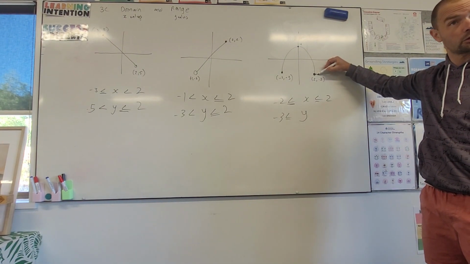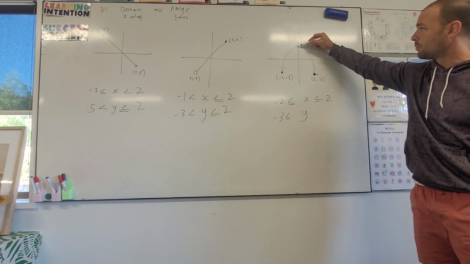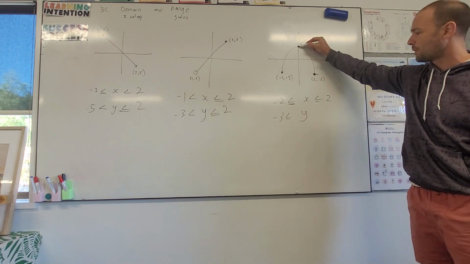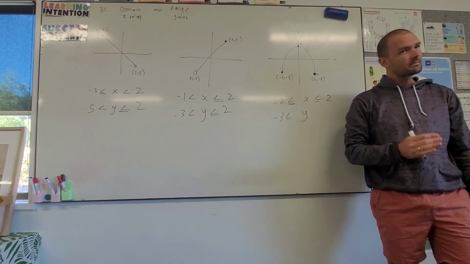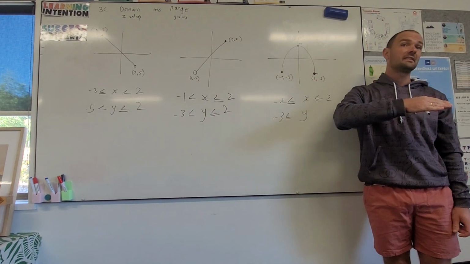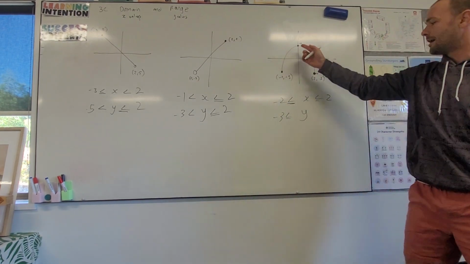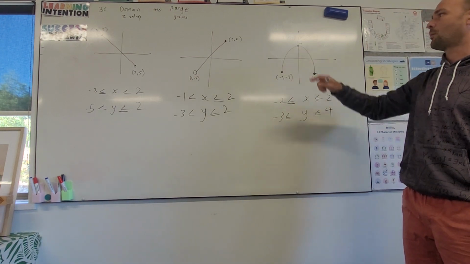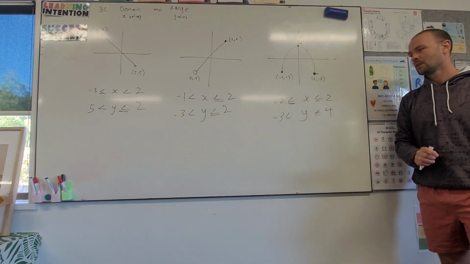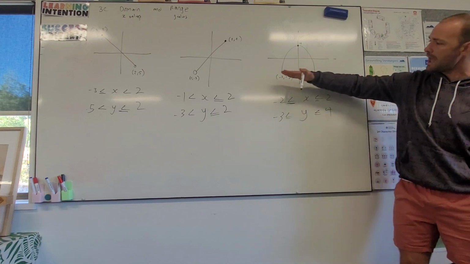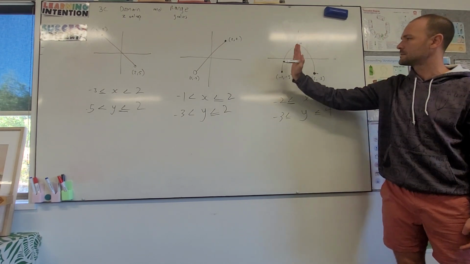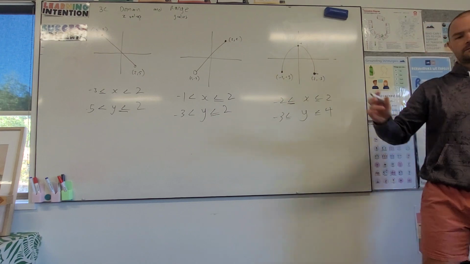Sometimes we need to look at the graph and determine that actually the highest point on this line is y is +4. And sometimes it's a bit ambiguous as to whether it's included or not. If it's ambiguous, you just assume that we include that point, that it touches at that point. So you can see the possible y values go from -3 to 4, and the possible x values go from -2 to +2.